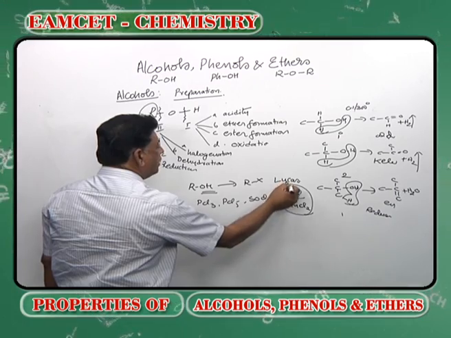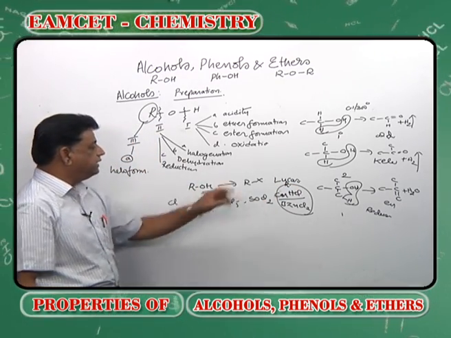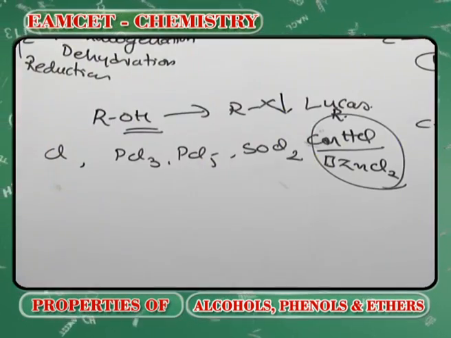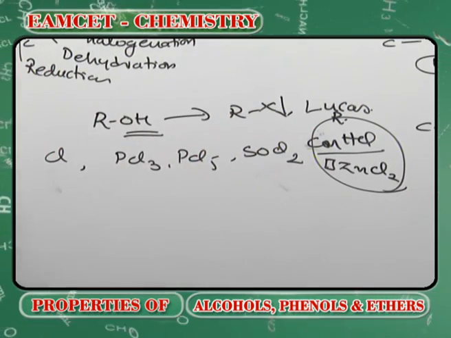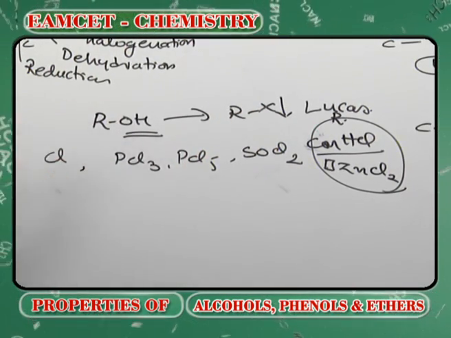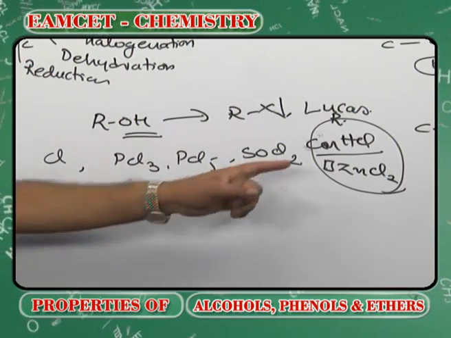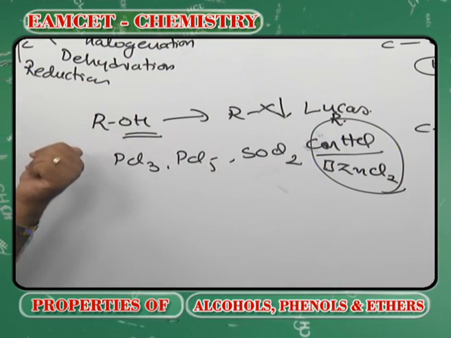This reagent has an application. When you add it, after the reaction, the alkyl halide formed causes turbidity formation. 1 degree reacts very slowly, absolutely slow, 2 degree gives turbidity in 5 to 10 minutes, and 3 degree gives it immediately. So the speed of the turbidity formation gives a clue about what type of alcohol you have taken.